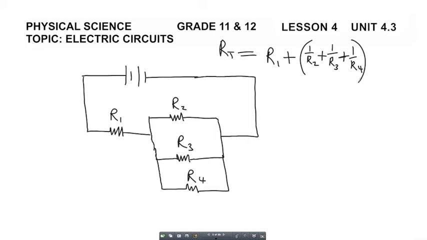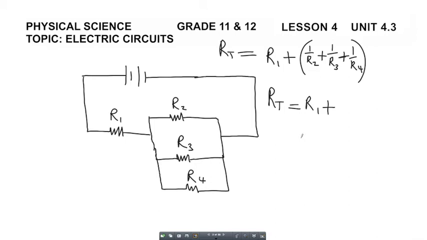So basically the sum of 1 over R2 plus 1 over R3 plus 1 over R4 we can represent as one unique resistor, but that total must be regarded to be in parallel, because the whole idea is that we want to look at the overall influence of these individual resistors onto the whole circuit, such that RT would now equate to R1. We agree that RT equals R1 plus the sum of those resistors that are classified to be in parallel.